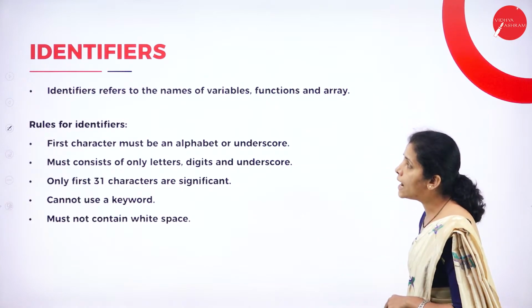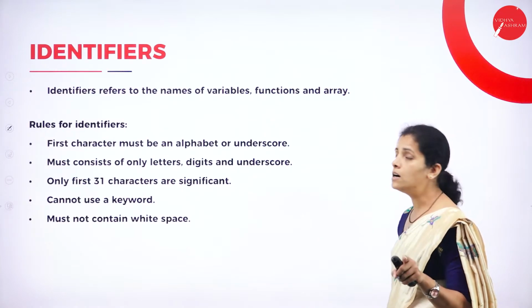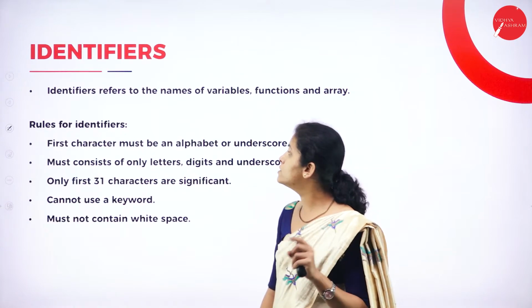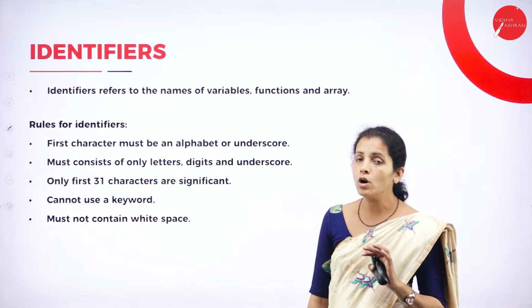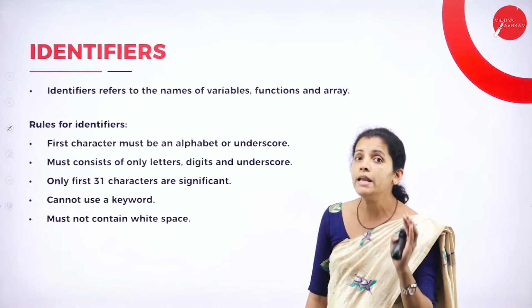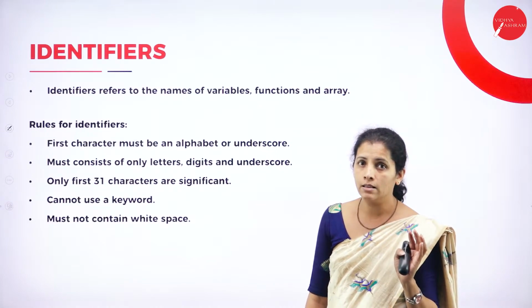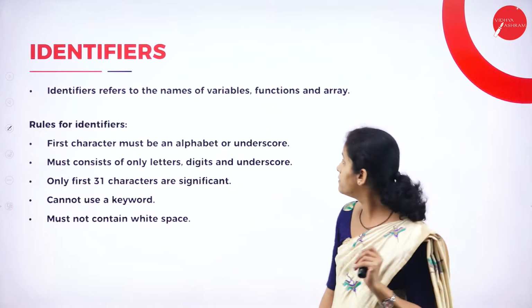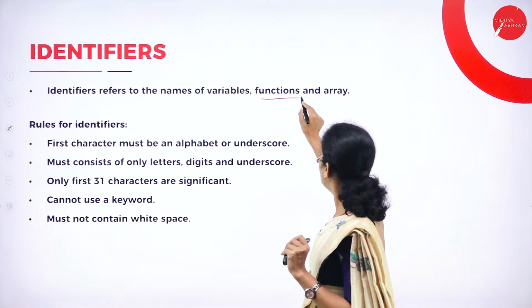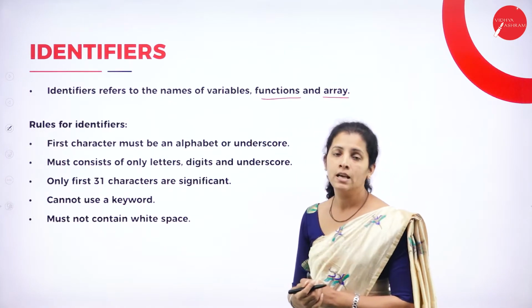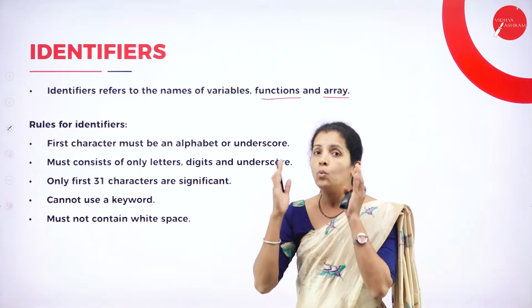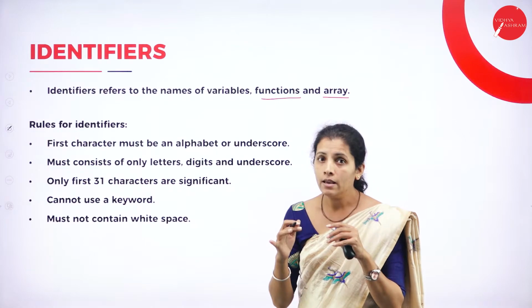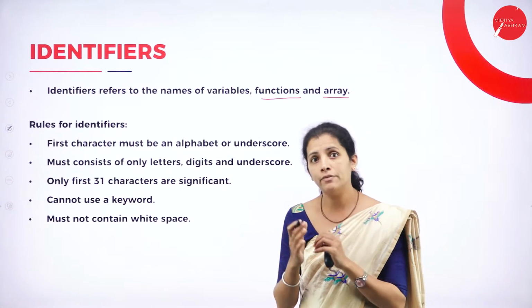So what is this identifier? Here, identifier refers to the name of a variable. Suppose if I want to give any name to a variable, then it is known as an identifier, or to a function and array. Now, suppose someone wants to identify me, then how are they going to identify me?